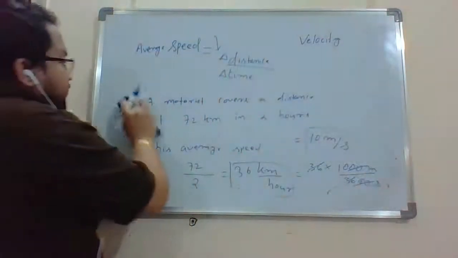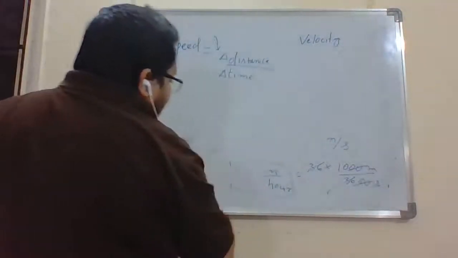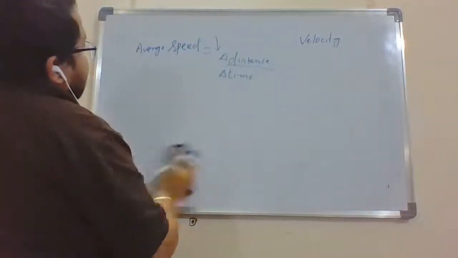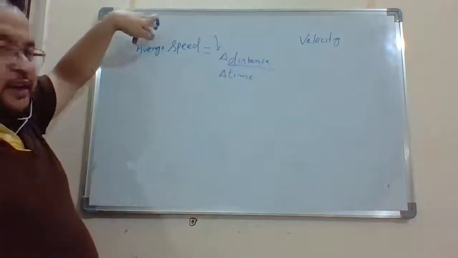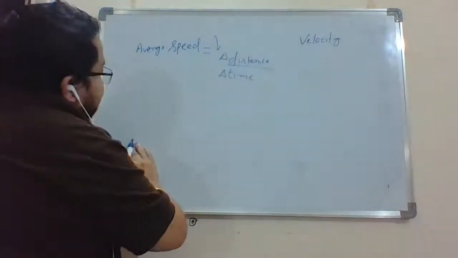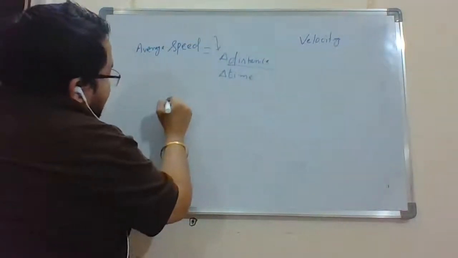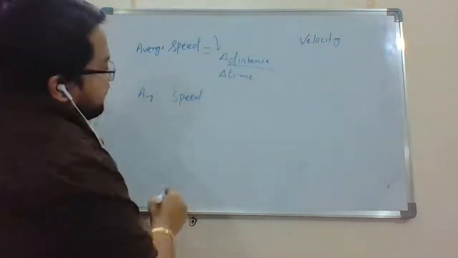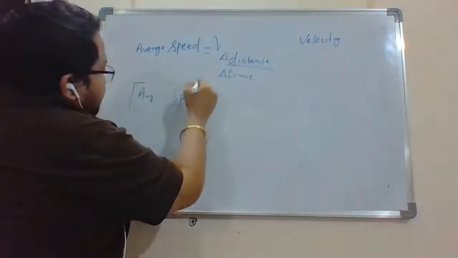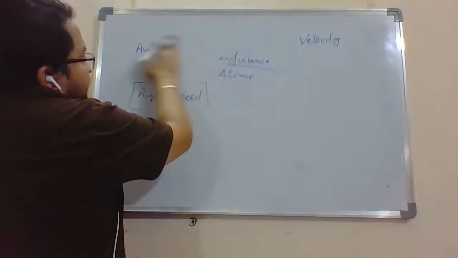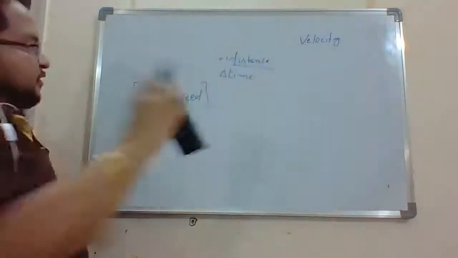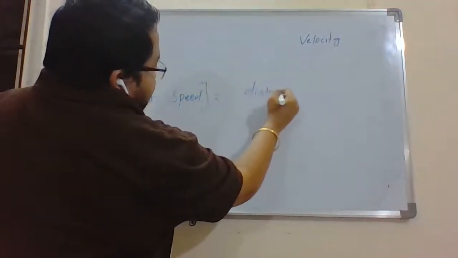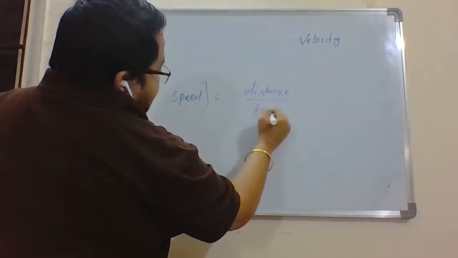Okay, so now if you got that, let us go back to our original method. Now we have introduced one more physical quantity called average speed. So what would be the dimensions and unit of it? Dimension would be nothing but dimension of distance by time.